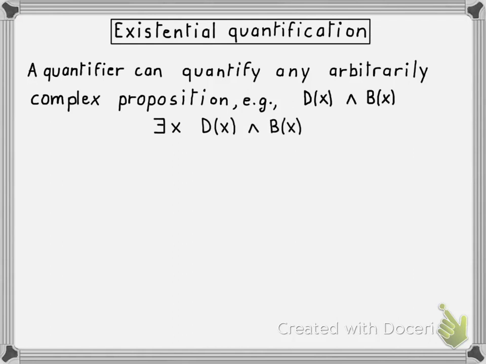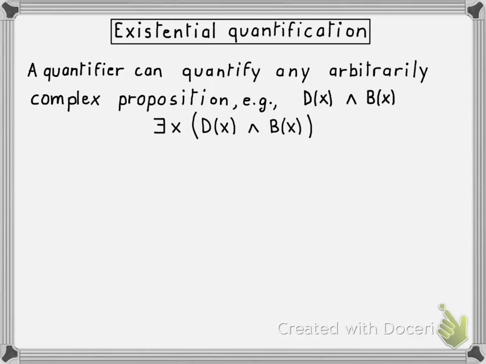And by doing so, we actually specify a value for x here and here, assuming the scope of the quantifier starts here and goes all the way to the end. So to make sure that's the case, don't forget to add the parentheses around the scope of the quantifier. So this is now a proposition that you read as there exists x such that D of x and B of x.